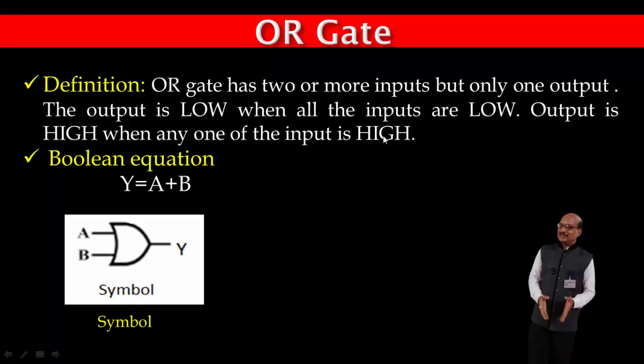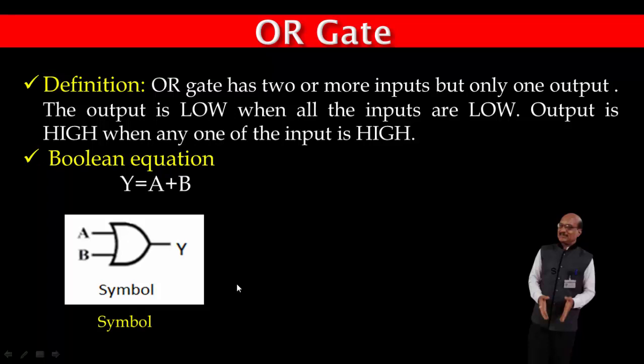So, this is the definition of the OR gate. And this OR operation is denoted by the symbol plus. So, the Boolean equation for this OR gate is given by y is equal to a plus b, but you should read it as y is equal to a or b. So, this plus symbol indicates the OR operation.